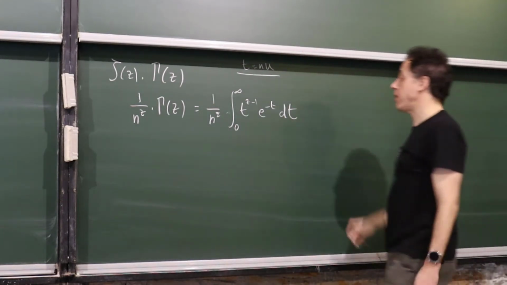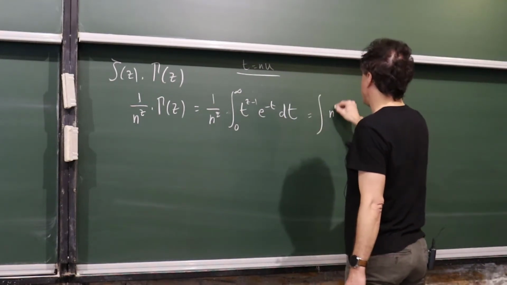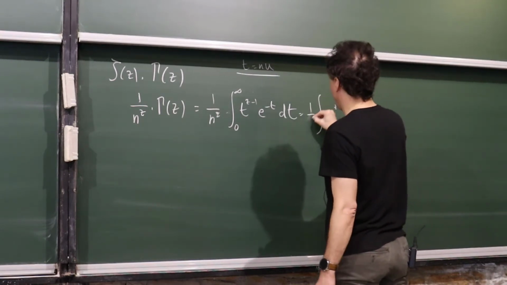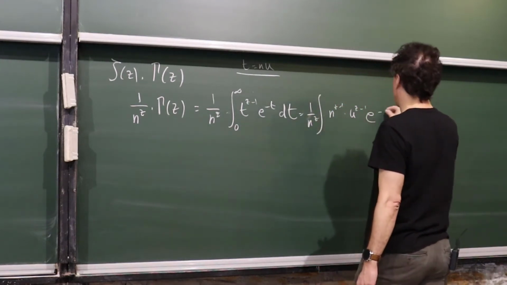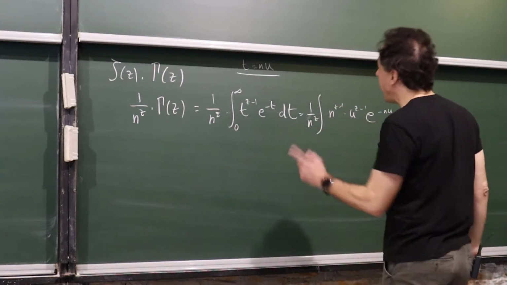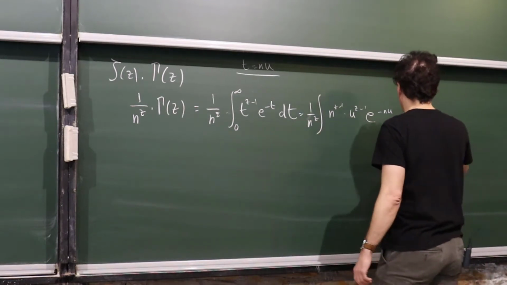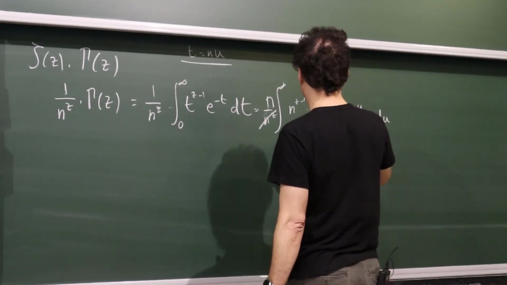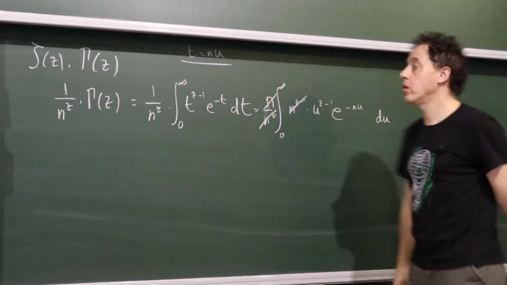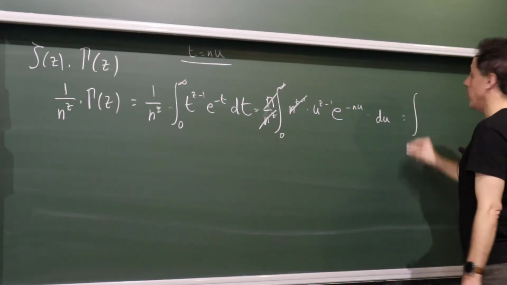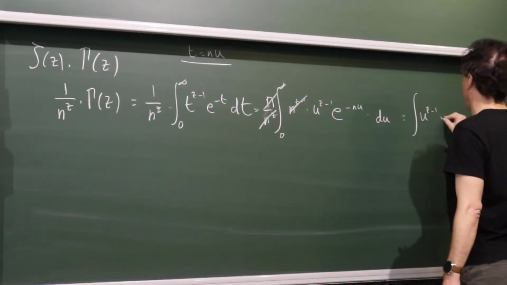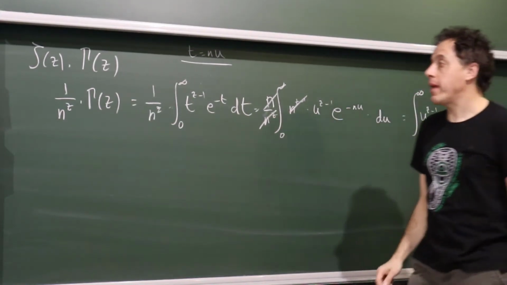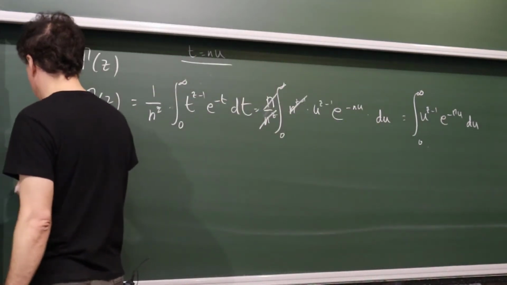We have here n to the z minus 1, u to the z minus 1, here we have 1 over n to the z, e to the minus nu, and n du. We have another n here, so this cancels. And now we are going to try to compute this sum.